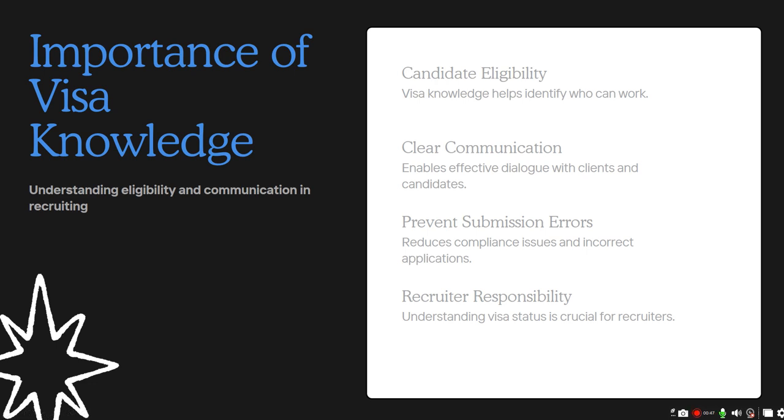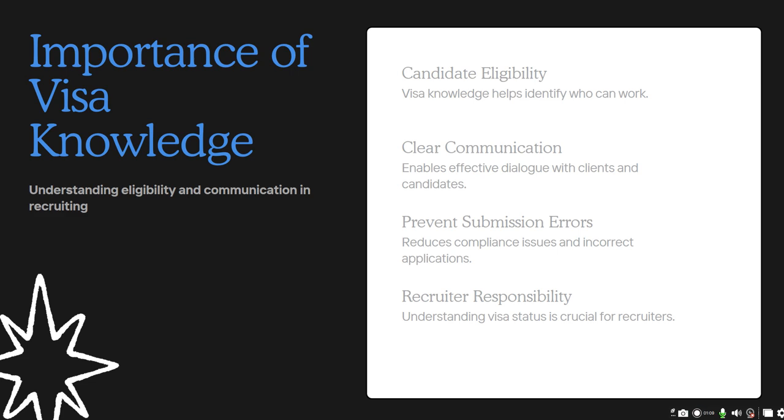So, why is visa knowledge important? Visa knowledge helps recruiters identify whether a candidate is eligible to work in the United States or not.